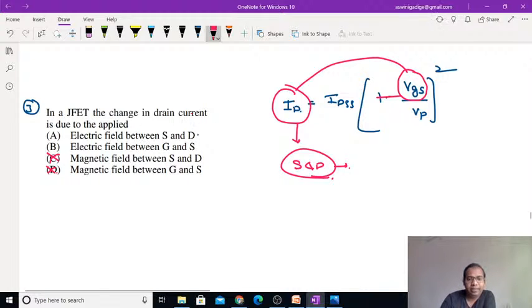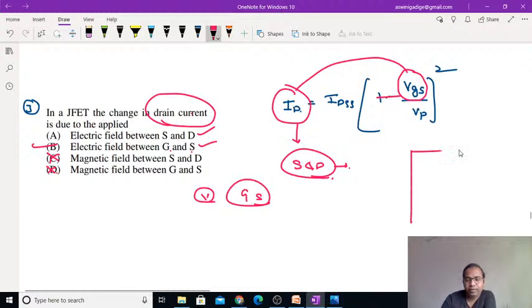Here they have given the electric field between the source and drain and the electric field between the gate and source. So between the gate and source, a certain potential difference is applied. So the actual drain current can be controlled by the electric field between the gate and the source.